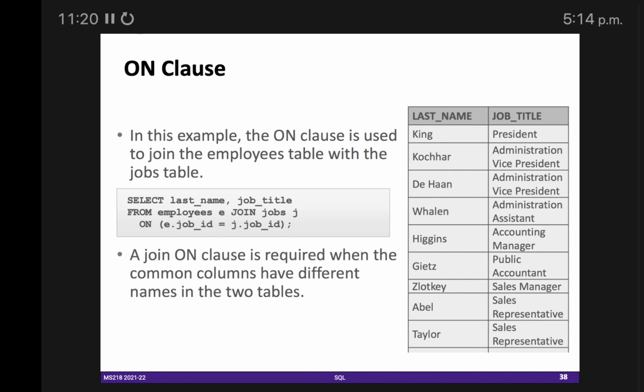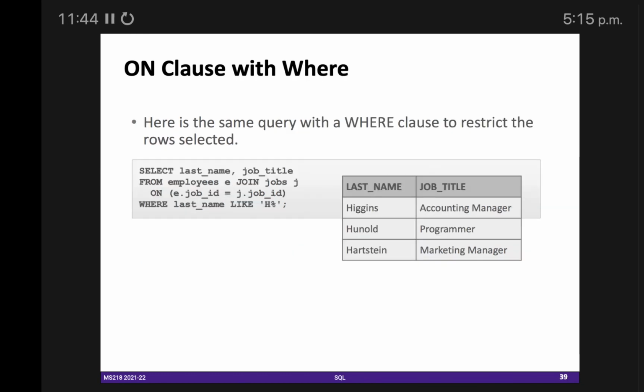Instead of using aliasing, you can write employees.job_id. That's fine, but obviously if you are writing so many attributes, writing employees every time would be more difficult and time-consuming, so you can use aliases. Then you can put some criteria as well.